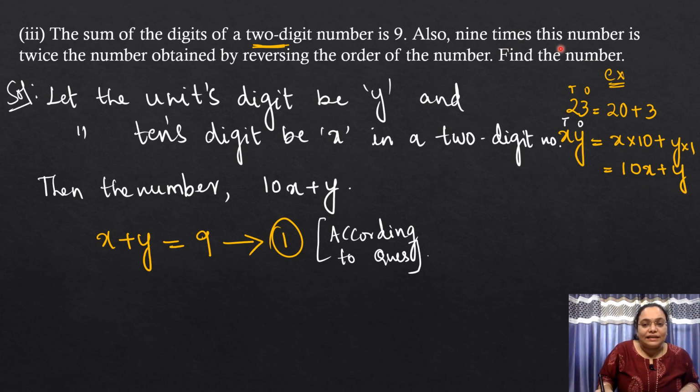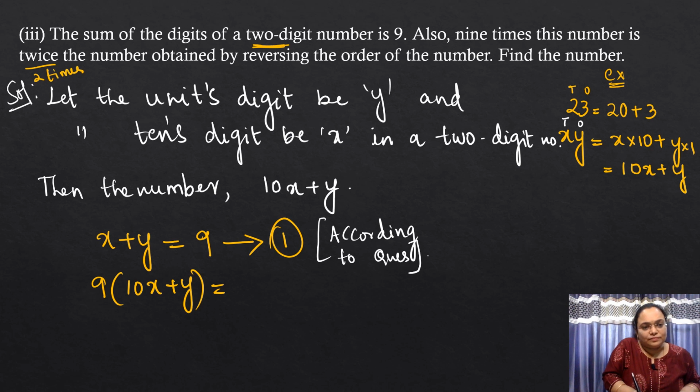So, 9 times this number, that is 9 into 10x plus y, is nothing but equal to twice the number. Twice is nothing but 2 times. So, 2 into the number obtained by reversing the order of the number.